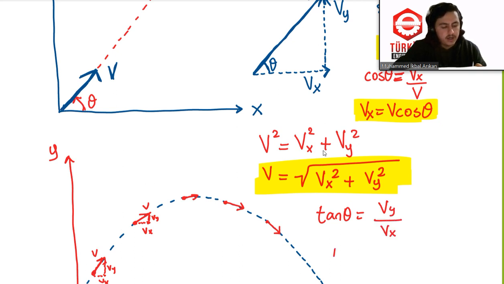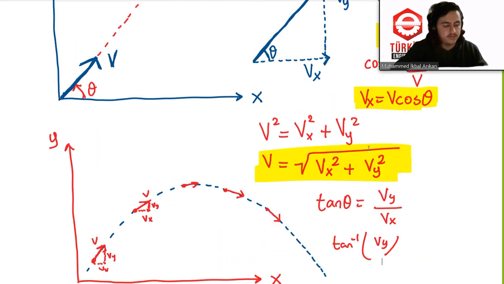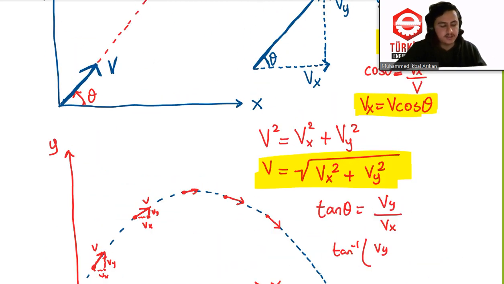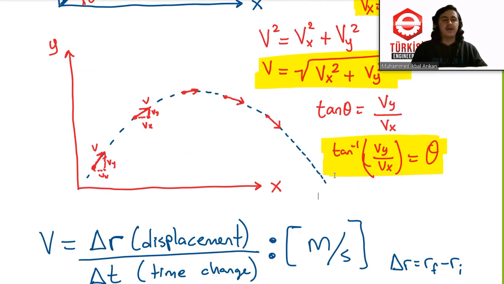So if I take the arctangent, the inverse of tangent, of Vy divided by Vx, I will get our angle theta, okay. So this will be one of our formulas: arctangent of Vy divided by Vx will give me the angle, okay.